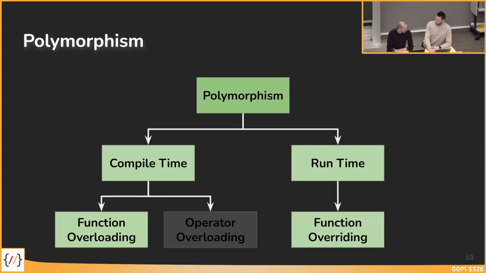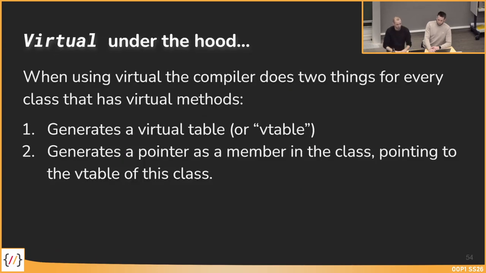How does this virtual now work under the hood? Yeah, so it's kind of a magic keyword. It just looks into the cloud and sees that it works for whatever reason. It's actually not that complicated. The compiler is pretty cool here.